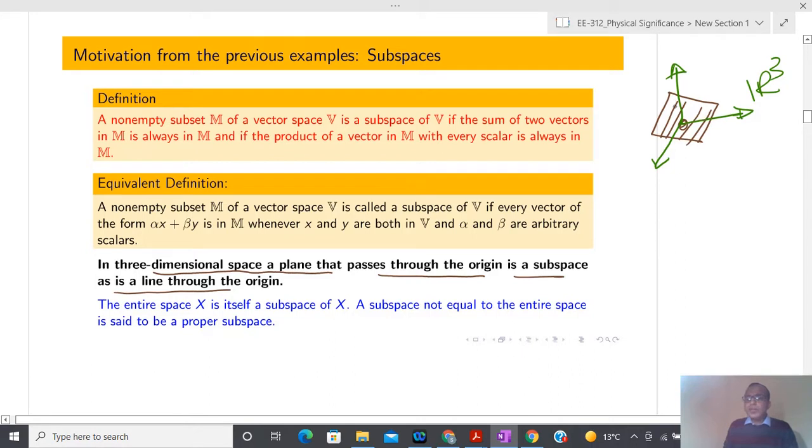For a line passing through the origin, it is possible to show that if you take any two vectors they remain in the same space, and during vector operations like addition, or if you scale, the result remains in the same space.